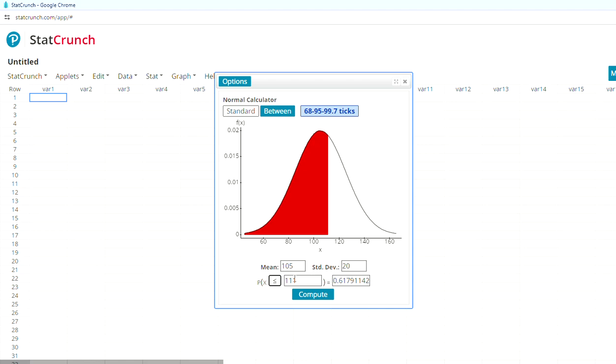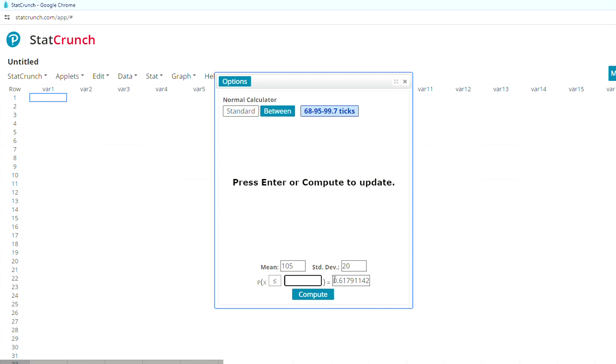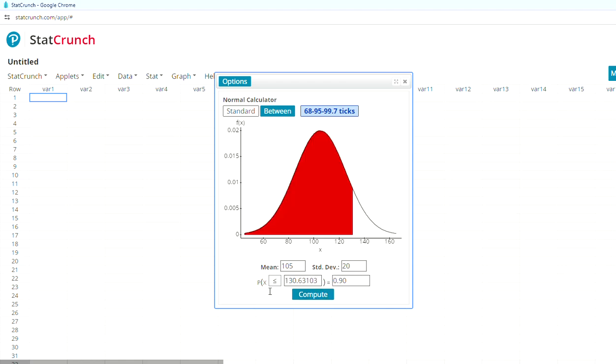I'm not going to use this value. I'm going to leave that value blank, but now put the decimal form of 90%, which is 0.90, and it will compute that cutoff score of 130.6, which is the IQ associated with the 90th percentile.